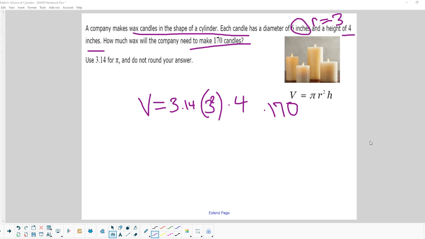Clear off what we have there. So 3.14 times 3 times 3 times 4 times 170. And they said not to round our answer. So it would be 216.8.